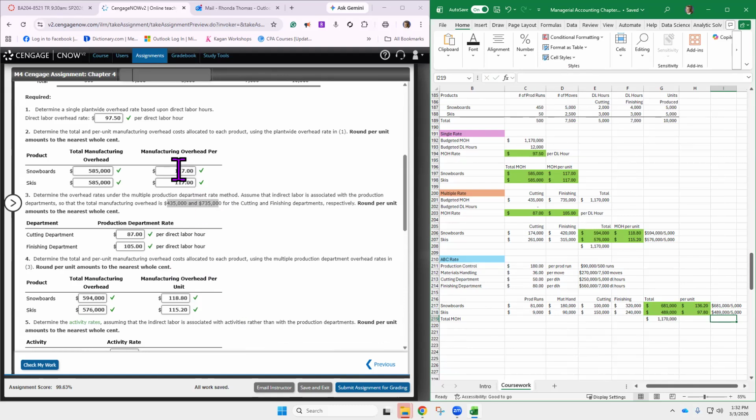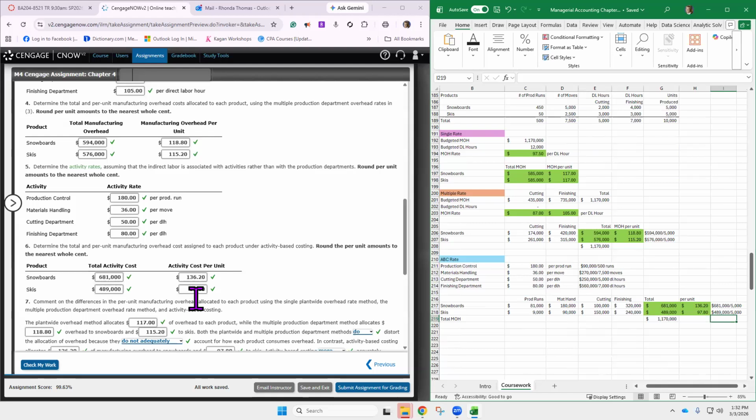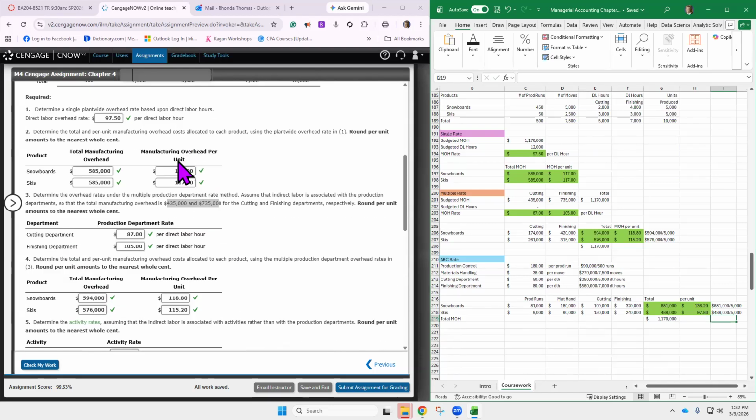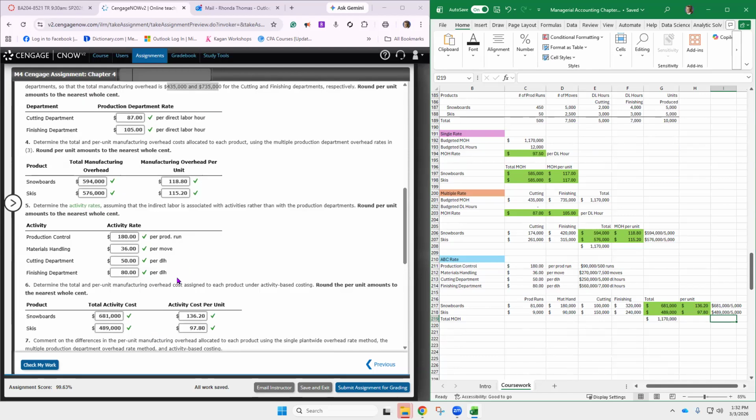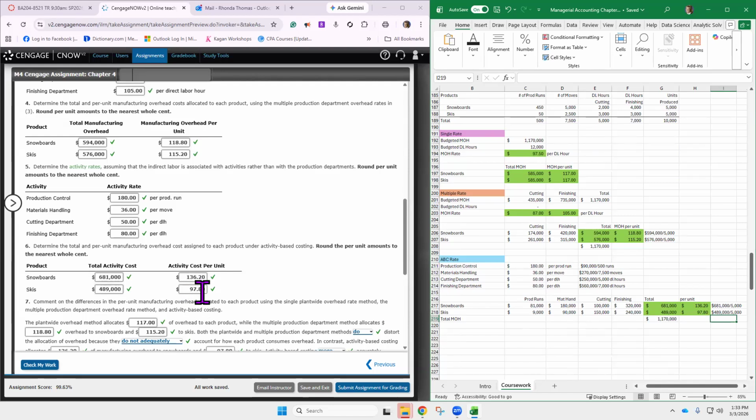Snowboards 117, snowboards 118.80, snowboards 136.20. You prefer this. If you're the skis, which one gives you the smallest overhead per unit? If you're skis, you want the activity rate.